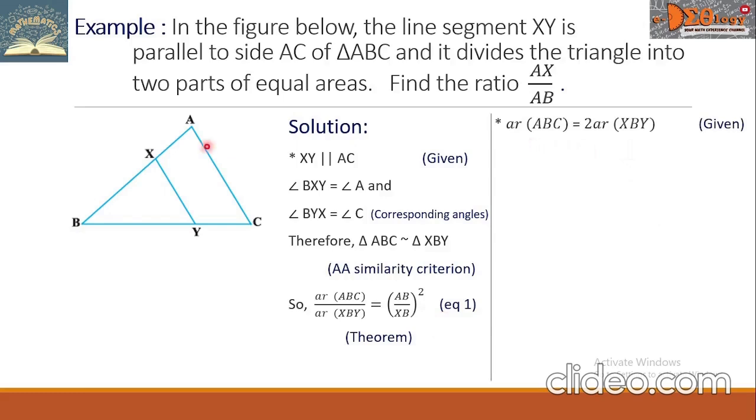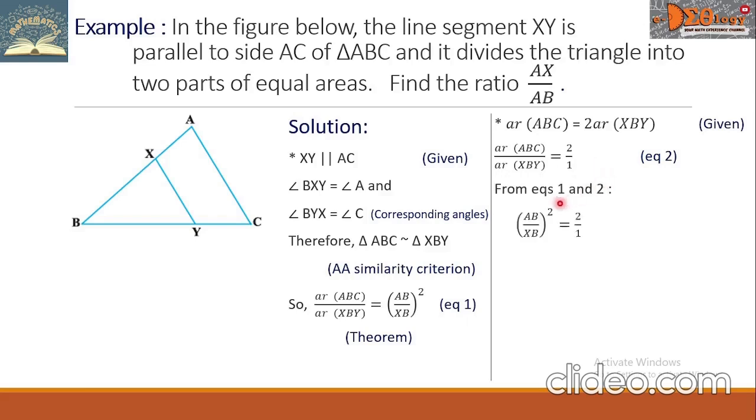The area of the triangle ABC is equal to twice the area of XBY. So we rewrite this as area of ABC over the area of XBY equals 2 over 1. Let this be equation 2.